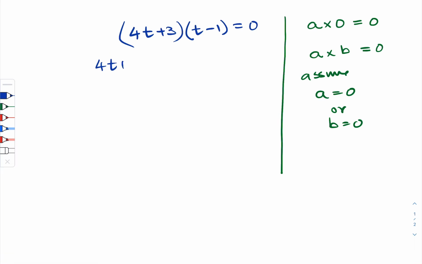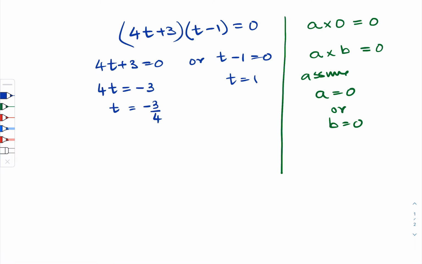You write 4t plus 3 is equal to 0, or t minus 1 is equal to 0. And then you solve each one for t. If I solve the first one for t, I get 4t is equal to negative 3, and then I divide both sides by 4, I get t is equal to negative 3 over 4. And if I solve the second one, I just pull the 1 over to the right-hand side, I get t is equal to 1.